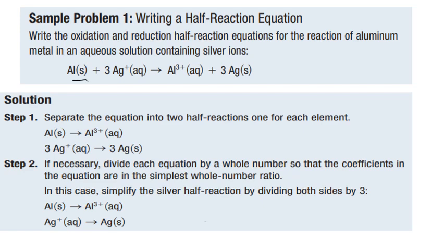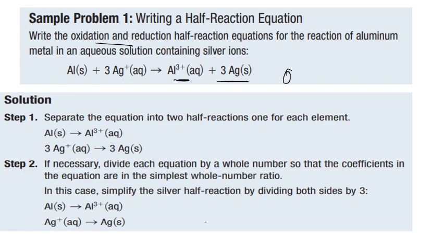Aluminium solid plus 3Ag plus, and then it is turned into aluminium 3 plus and then 3Ag solid. Write the oxidation and reduction half reaction. So you have to write OHR, oxidation half reaction, and reduction half reaction, okay, for this reaction. Okay, so let's dig into that.